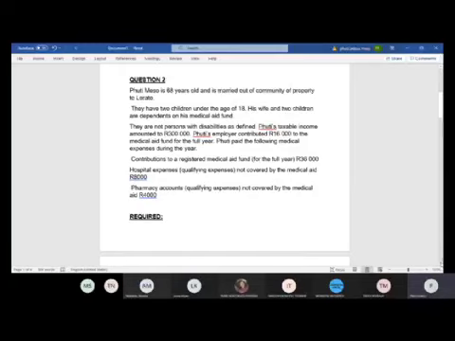This is basically what you take out of your own pocket, and you expend on it for your healthcare reasons. Okay, and your pharmacy accounts, which is part of your medical expense, which is not covered by the medical aid as well, is 4,000 rand. That's when you go over the counter. So the first one is when you go to the hospital and add for whatever the shortage might be.